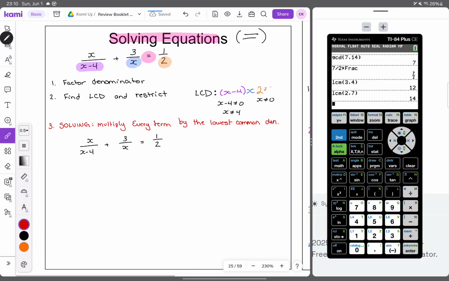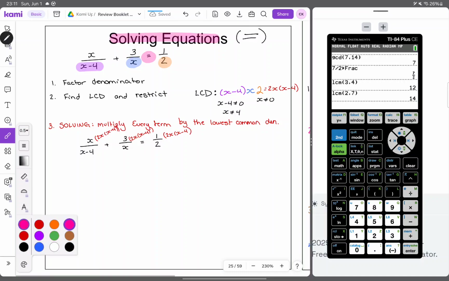So I'm going to write this a little differently. I'm going to write it as 2x, x minus 4, just because I like to have the monomials in front. So we're going to times this side by 2x, x minus 4. We're going to times this thing by 2x, x minus 4. And we're going to times this by 2x, x minus 4.